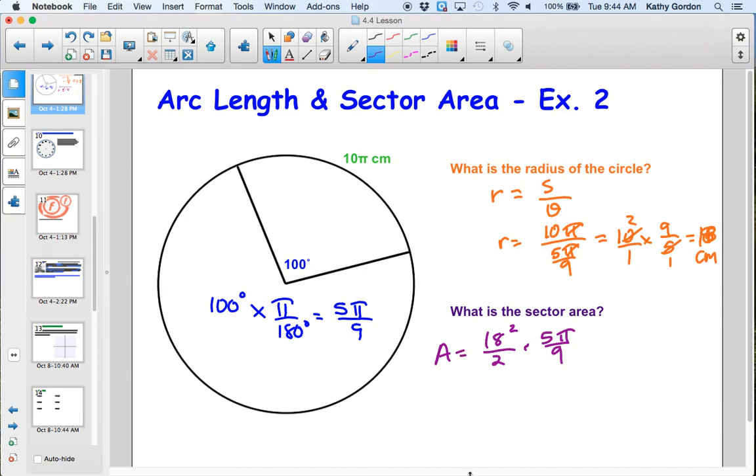Now, watch this little trick. What do I end up with for my denominator? An 18. I end up with 18 pi. And it's 18 pi what? Okay, what happened to the 5?